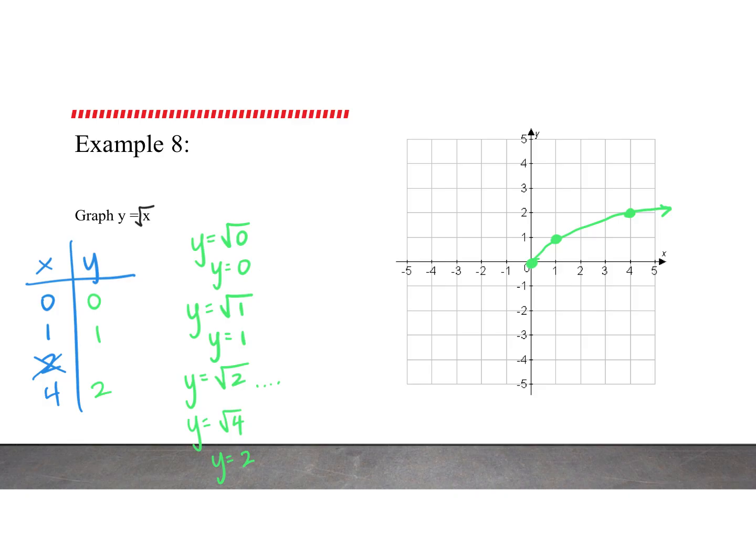It's almost like half of a parabola sideways here. But what you'll notice is that it doesn't go any farther to the left past 0. If you had tried to plug in any kind of negative number, you would very quickly get an error in your calculator because you cannot take the square root of a negative. So it does truly start at one point and go out. That is your square root.